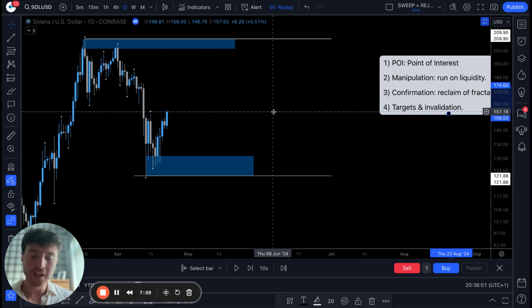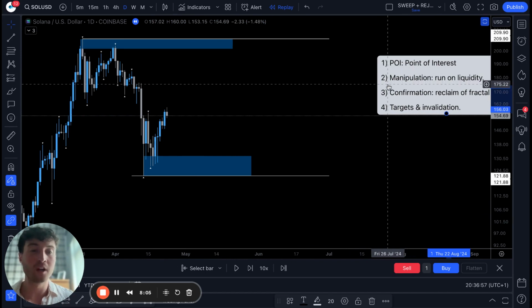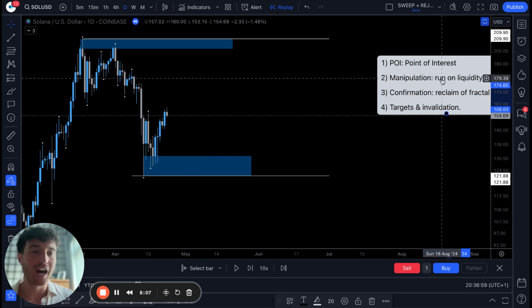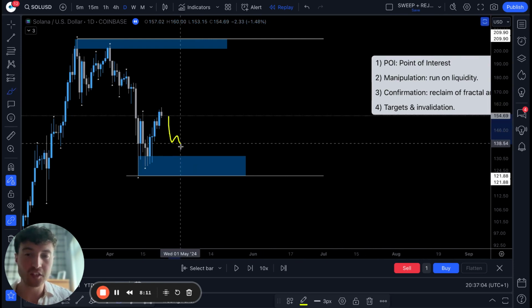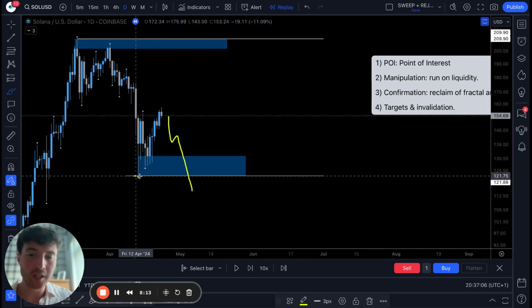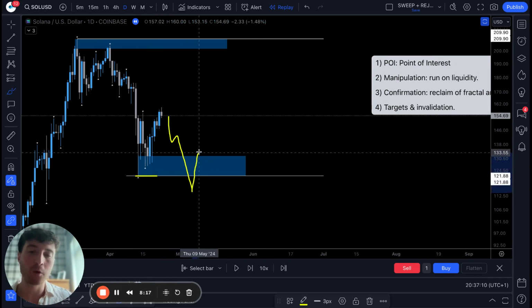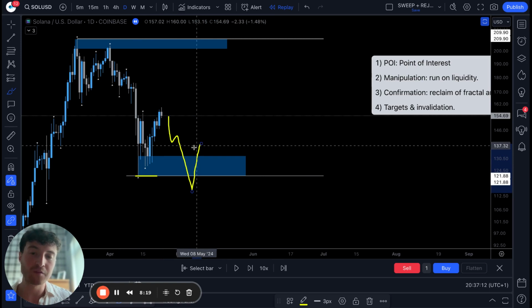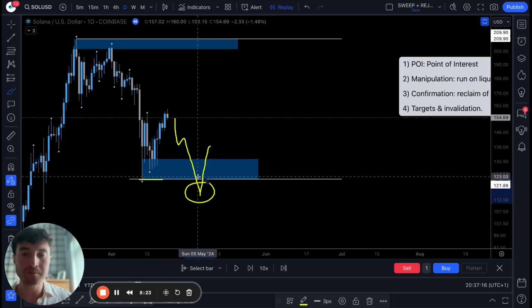So let's just play price on here. We've identified our point of interest. We're looking for a manipulation and a run on liquidity, which is essentially just seeing these stops get taken out. Any buyers that got into this market too early, I want to see them manipulated out of the market. Once I've seen them manipulated, we can classify this as a deviation.